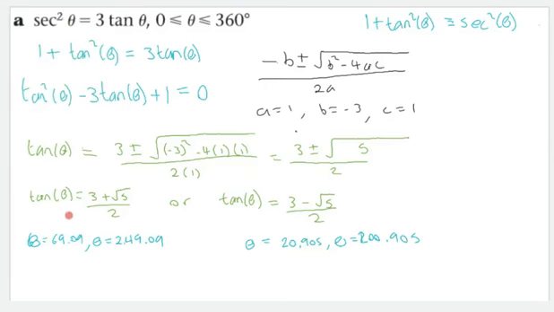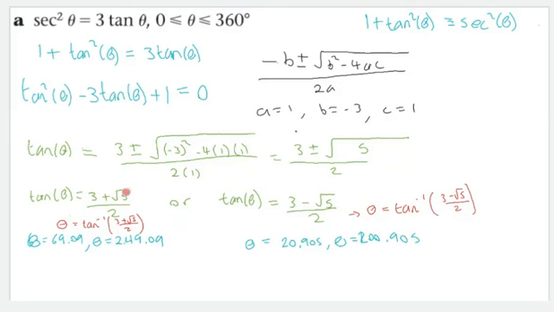Typically, you would get these answers first if you didn't have that calculator, but it's good if you do. Theta equals inverse tan of 3 plus root 5 over 2, which gives you 69.09. And for this one, theta equals inverse tan of 3 minus root 5 over 2, which gives you 20.905.